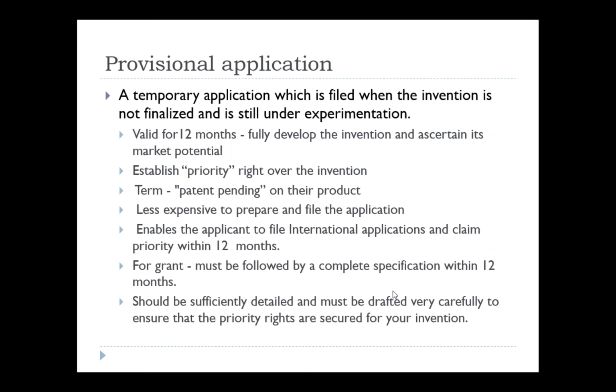For sure you can achieve the final result within 6 months or a maximum of 12 months, because this provisional filing is valid only for 12 months. For sure you need to go ahead and file the complete patent filing within 12 months. Is it clear? So it is valid for 12 months to fully develop the invention and ascertain its market potential.